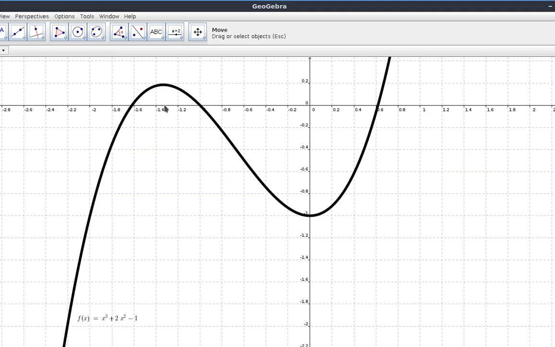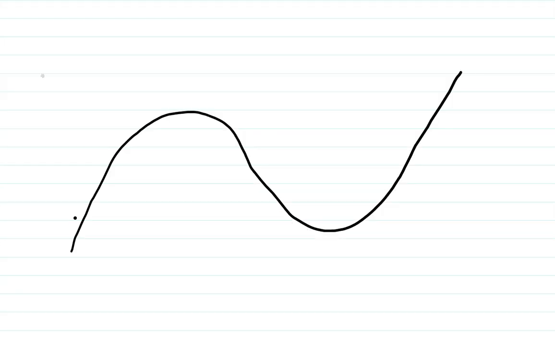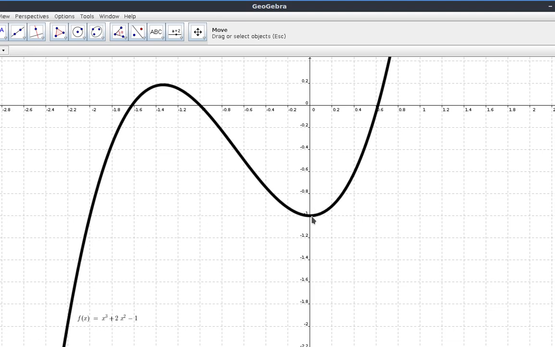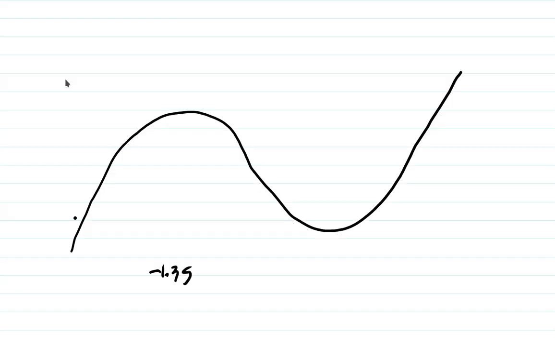And you have a point at negative 1.35. It's approximate. And it looks like it crosses at x equals 0, and 0 here.